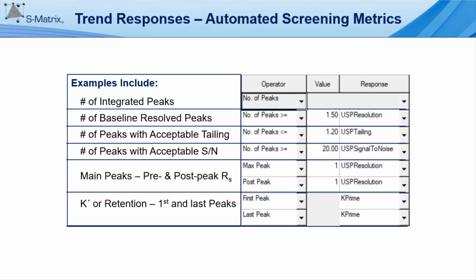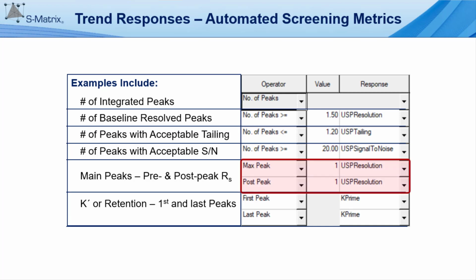Examples of trend responses include the number of integrated peaks, the most basic measure of selectivity of a given experimental method. You can configure a trend response to also determine the number of baseline resolved peaks in each chromatogram, the number of peaks with acceptable tailing, the number of peaks with acceptable signal-to-noise ratio, or any other chromatographic property of interest.